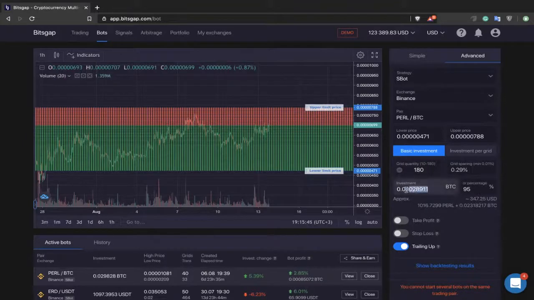With this investment amount, that's, you see, 0.03 bitcoins, that's almost 347 USD as of the current exchange rate. And in order to initiate this bot, you must have 1,000 parallels, which goes to this sell side, and the system will automatically distribute this investment allocation.